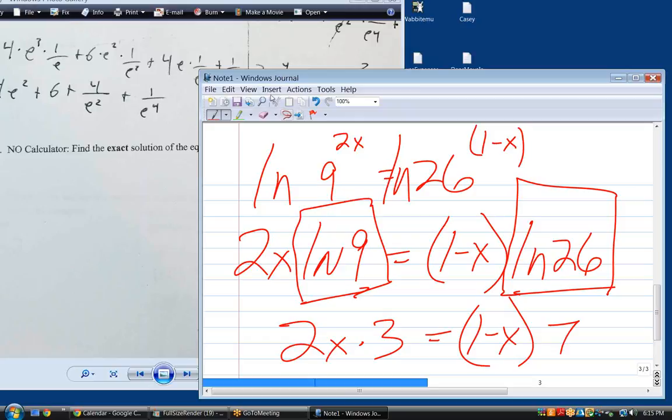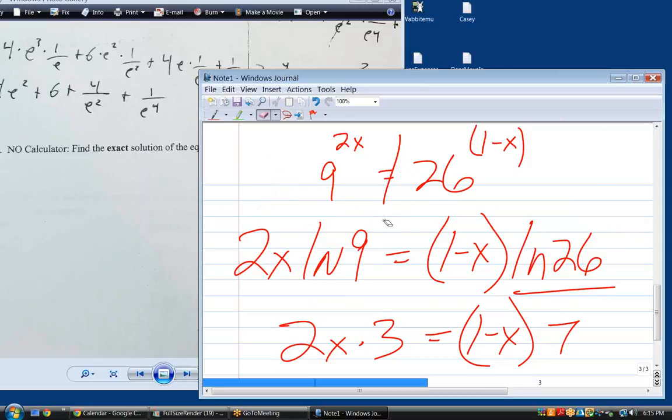The moment you take the natural log of both sides here, you now have an algebraic equation. When I start with this, that's not an algebraic equation. I don't have any algebra that'll solve that. If I didn't have logarithms, I couldn't solve this.